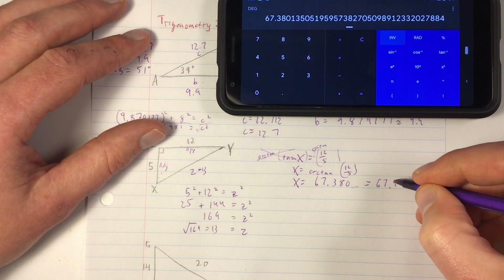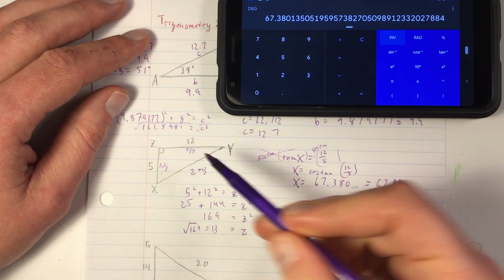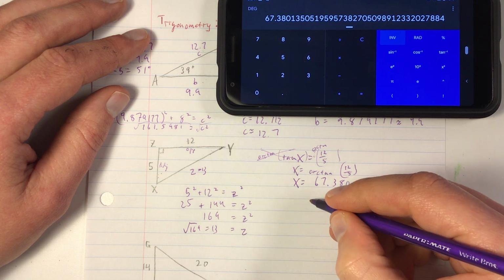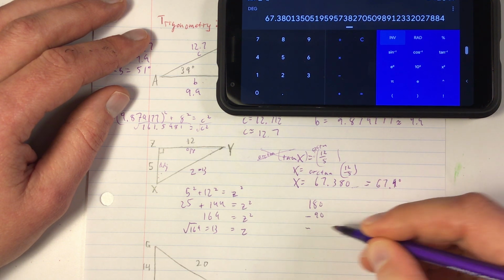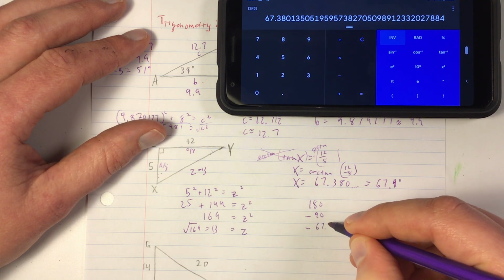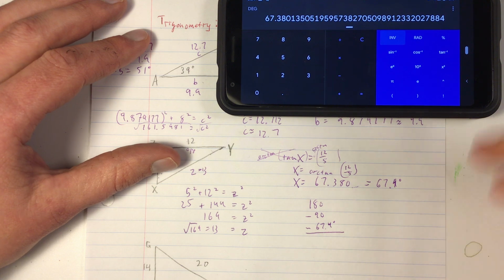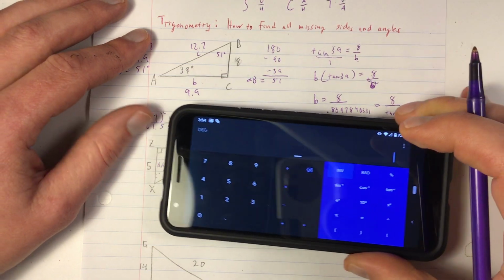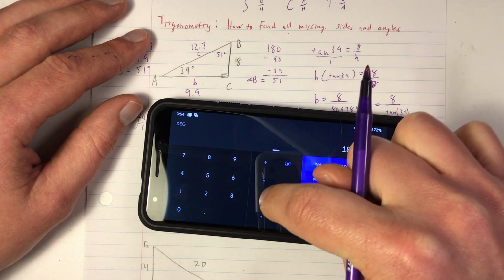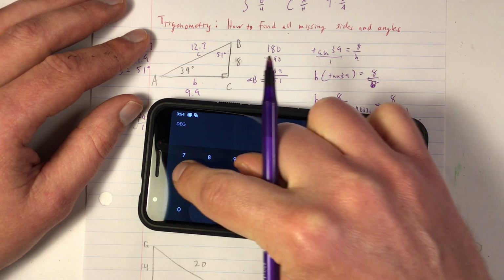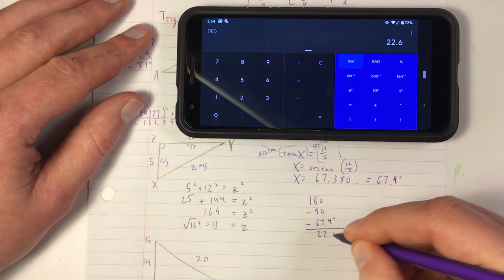Now to find the third angle. Well, I can do trigonometry again, or I can just use the triangle sum theorem. 180 minus 90 minus 67.4 degrees. Missing angle should be 22.6 degrees.